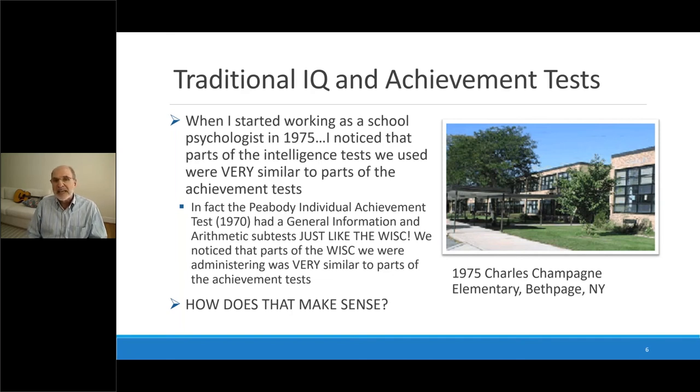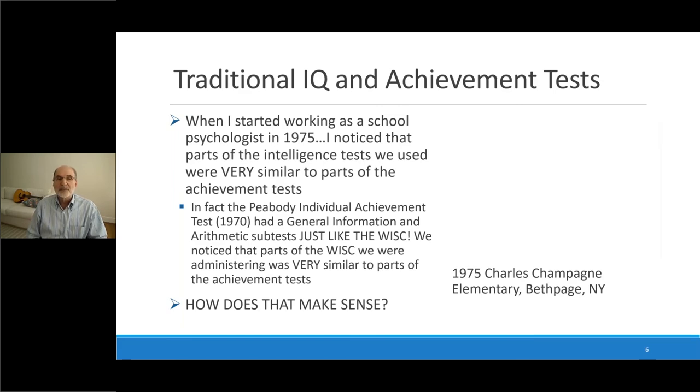When I gave my intelligence test, a WISC at that time, and even still today, I noticed that a lot of the questions on the WISC were just like the test items on the achievement test I was giving. And I thought it was weird, like you'd have vocabulary on your IQ test and vocabulary on an achievement test. Or you'd have math, arithmetic, word problems on both, and so on. This doesn't really make sense.